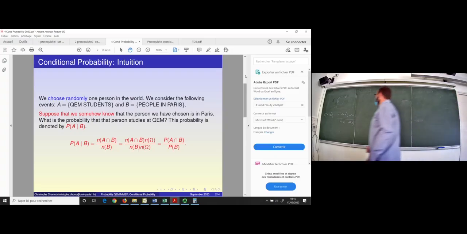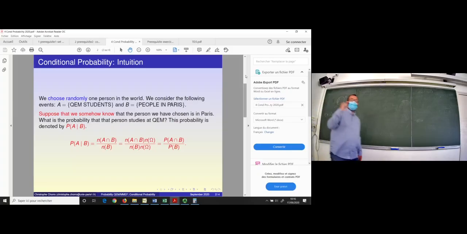And this formula can simply be written as n of A intersected with B divided by n of omega, which is what I have called P of A intersected with B, divided by n of B over n of omega, which is P of B. Here you have a formula totally equivalent to the previous one, but in which the fact that I count elements in sets doesn't appear. And it will be the definition of the conditional probability we are going to see.